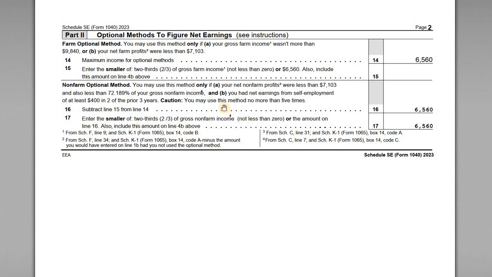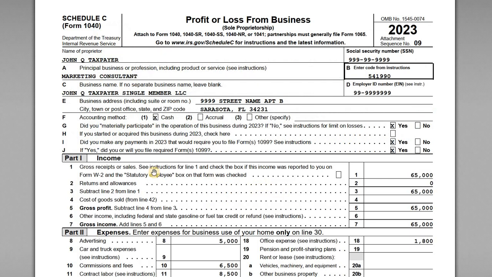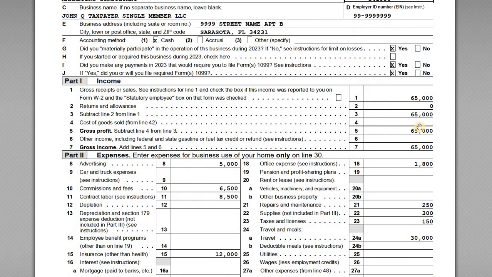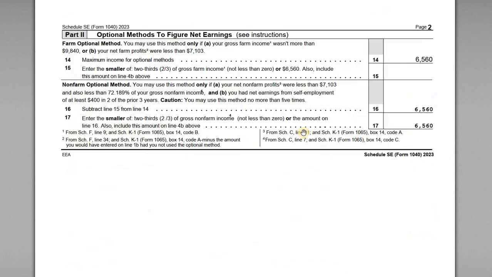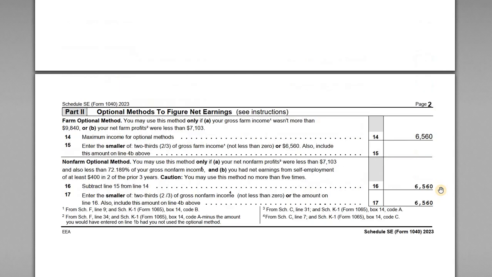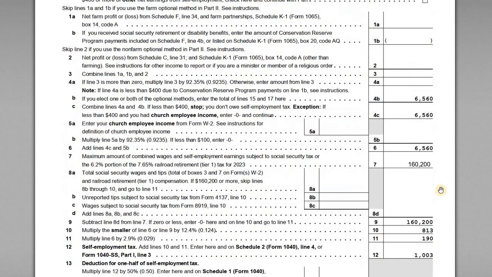Well, 2/3 of our gross non-farm income, if we go back to Schedule C, our gross income on line 7, $65K. So 2/3 of that is going to be that $43,000 figure. Well, that's much higher than this value. So the lesser of is going to be $6,560.